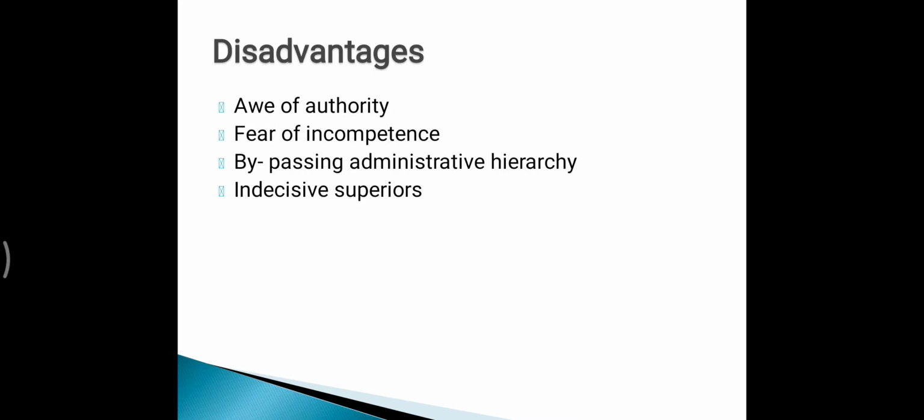So if the juniors feel the fear of authority, the juniors do not work, or they never come near to the superiors or to the seniors. Whatever feedback the subordinates offer to the superiors is always diluted.